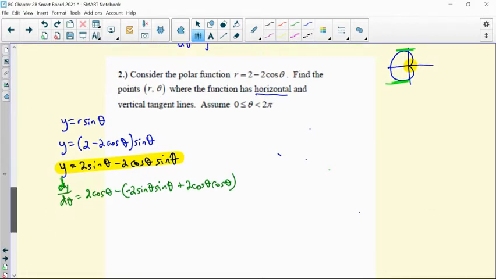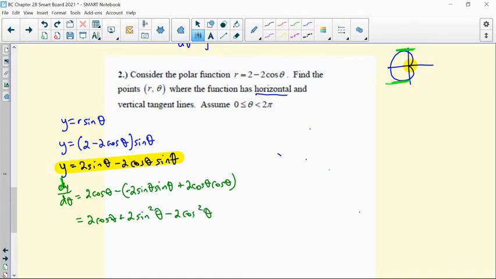So if we distribute, we get 2 cosine of theta, and this becomes plus 2 sine squared of theta, and this becomes minus 2 cosine squared of theta.